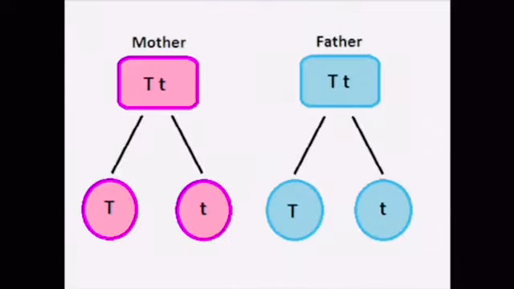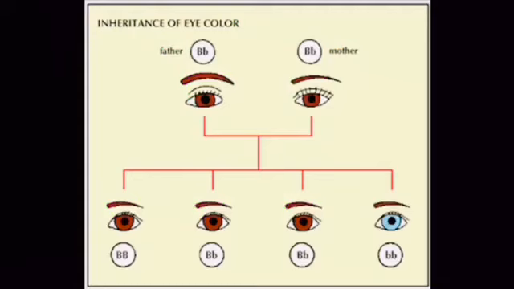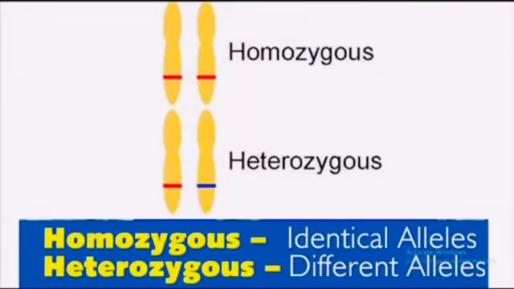For example, in F1 generation you have seen capital T, small t. Here capital T is the dominant factor and small t is the recessive factor. Remember, when you represent these factors, dominant and recessive, whichever letter you use in capital form, the same letter in small form is used to represent the recessive one. Now, after learning the first experiment, you know that the factors can be paired in different ways.